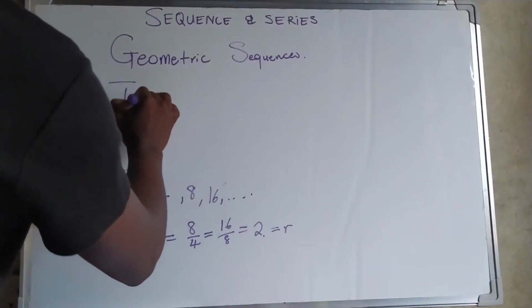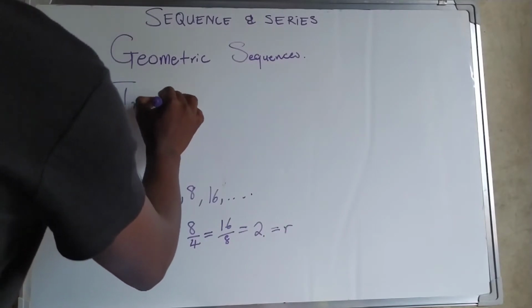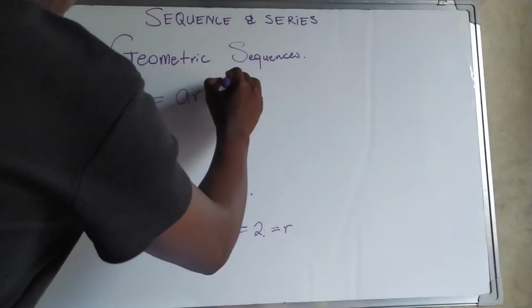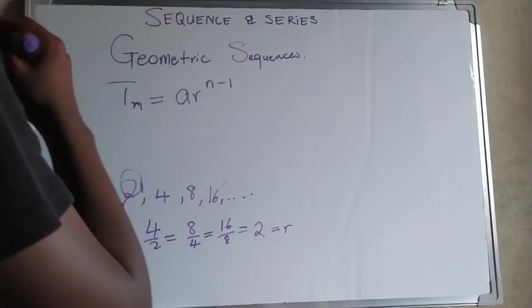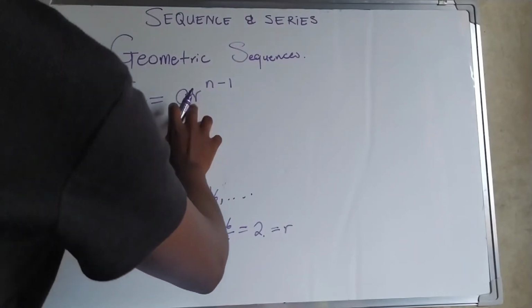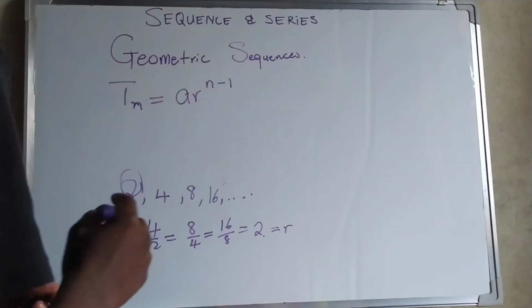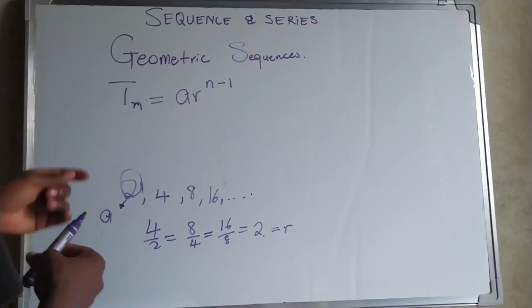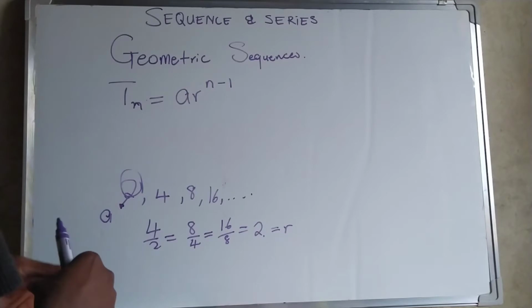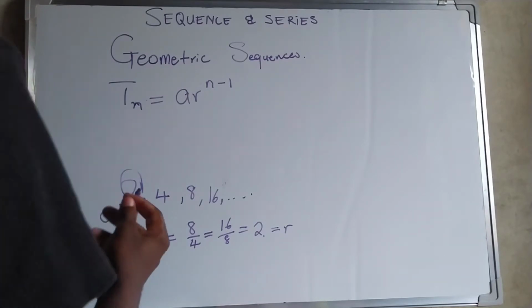A geometric sequence has the general formula written as follows: A R to the exponent n minus 1. What this actually means is that you have your first term here, and then you have your constant ratio here. I would like to also expand this in relation to the sequence that we have here.